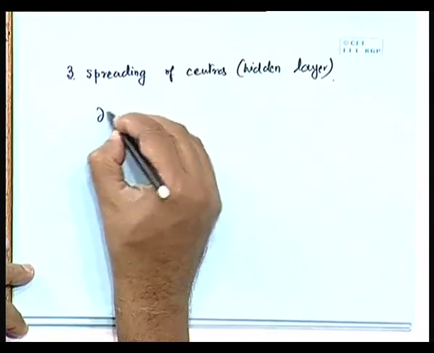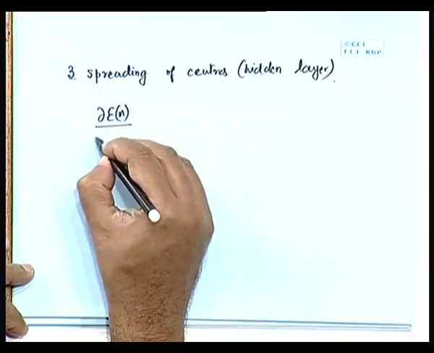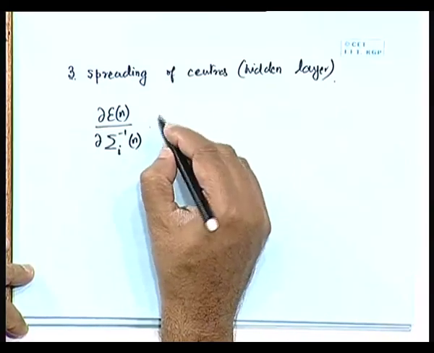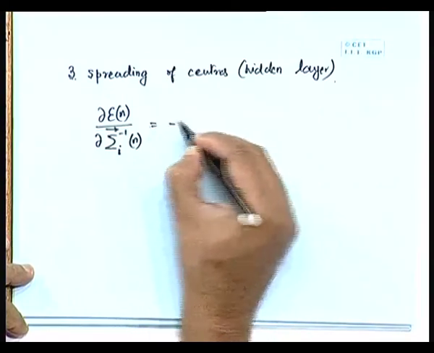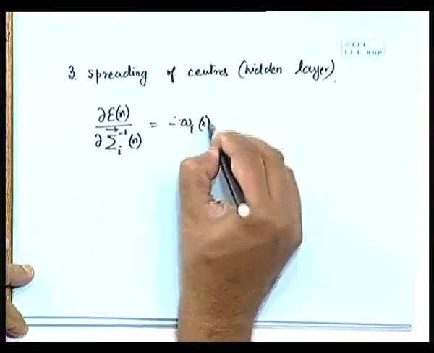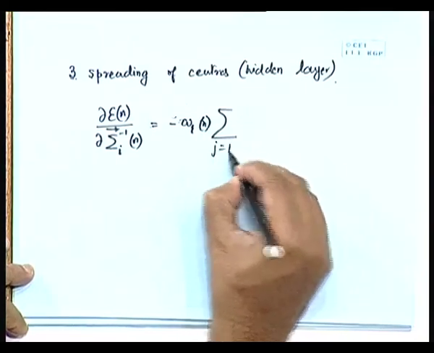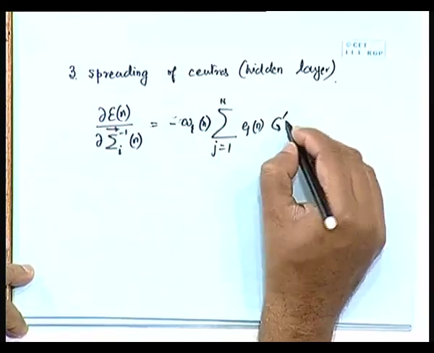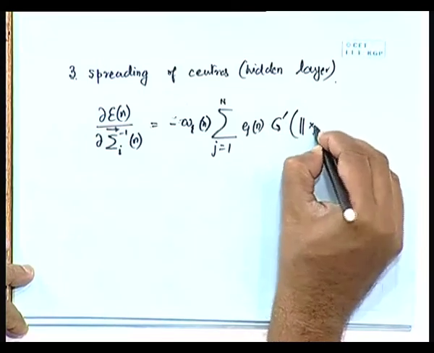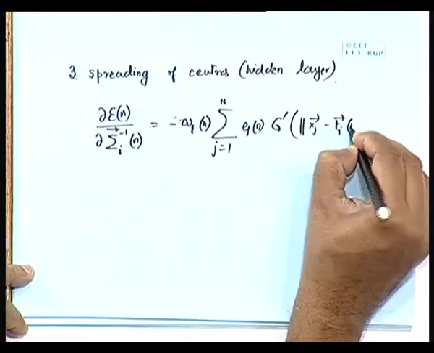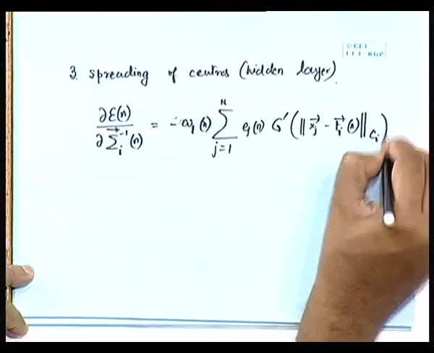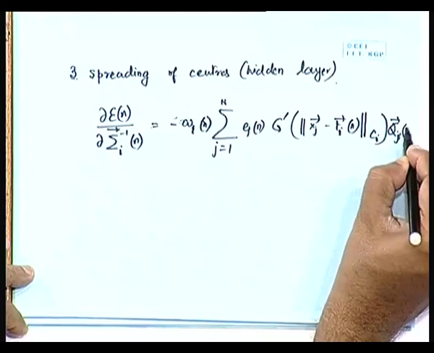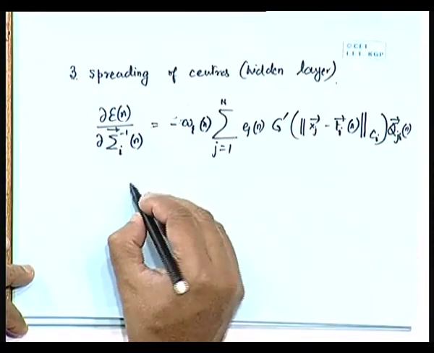So, there what we have to do is ∂E(n)/∂Σ_i inverse(n), which will be equal to minus W_i(n), summation j equal to 1 to capital N, E_j(n) g prime, argument is x_j minus T_i(n) with norm C_i, times Q_ji(n). So, Q_ji(n) is a new matrix whose definition is like this.